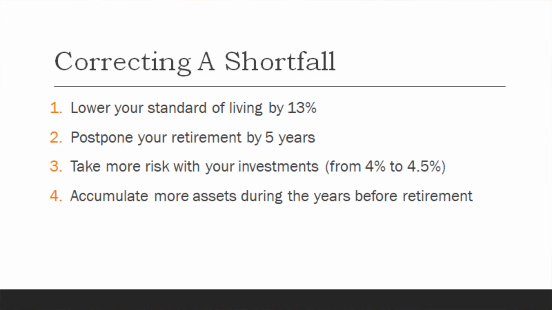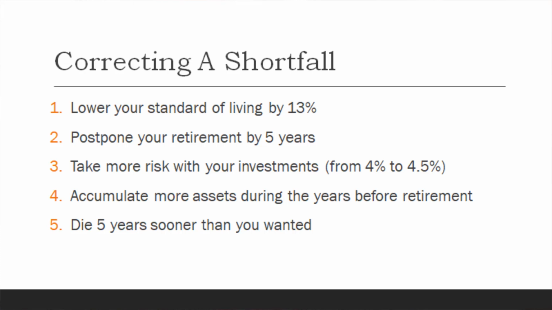Fourth, you could build more assets during the time period that you're still working, that 10-year period between now when you're planning and when you're anticipating wanting to be financially independent. Or lastly, rather than living 30 years after retirement, you could only live 25. I know that's not your favorite option, but as a good consultant, I need to point it out.